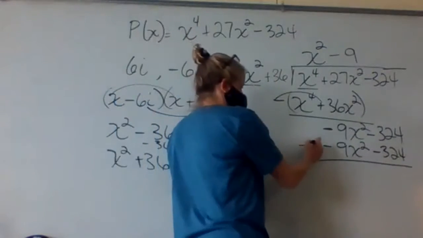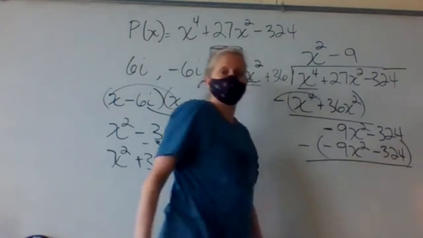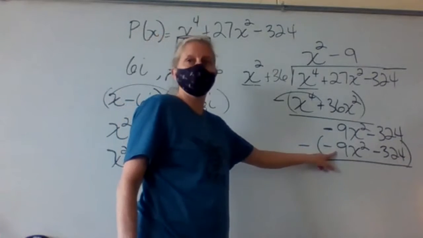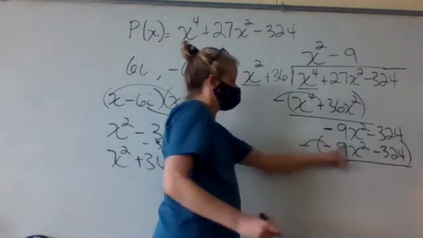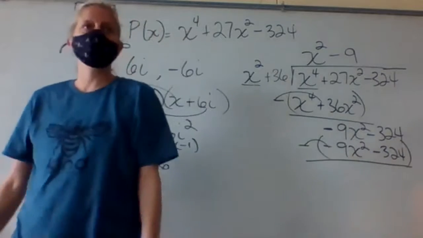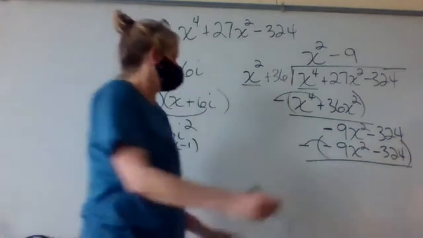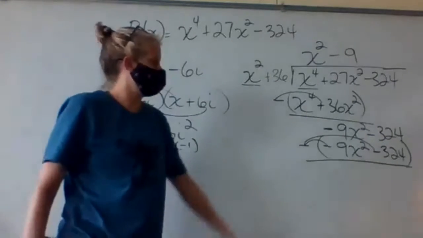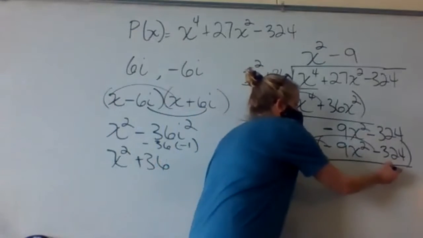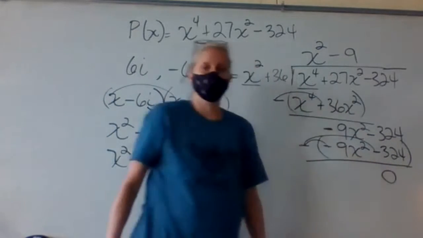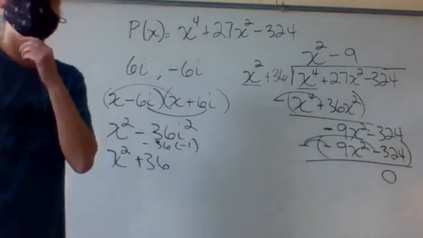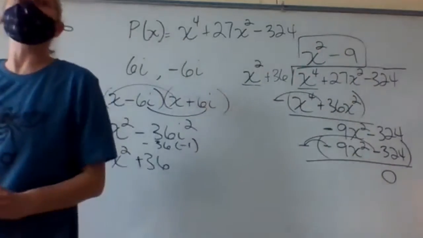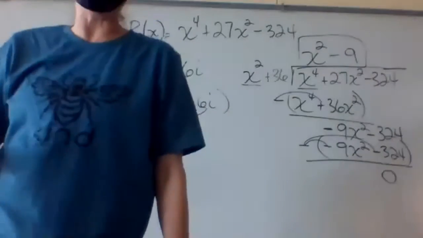I subtract this. Negative 9x squared, this turns this into positive. So what happens to your x squareds? They're gone. What does this minus turn this into? Positive. So negative 324 plus 324. There's your remainder. Where's your answer? x squared minus 9, which is quad.